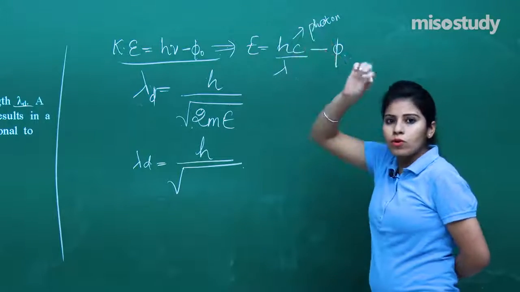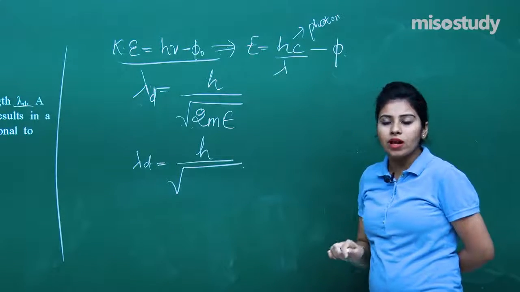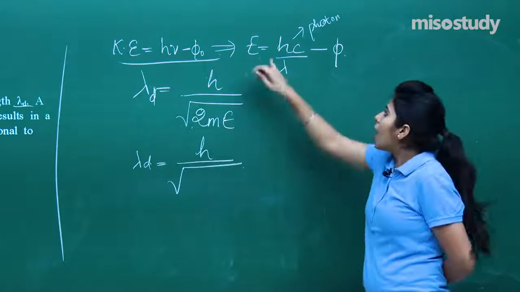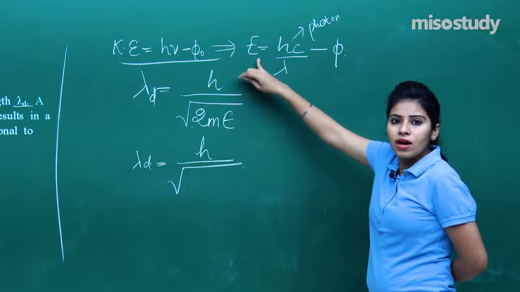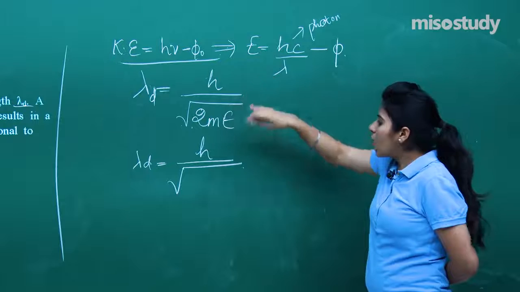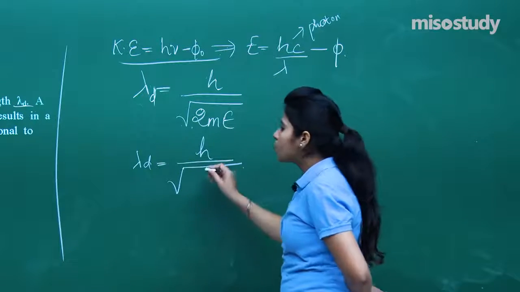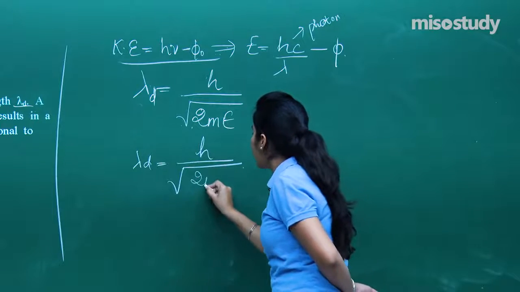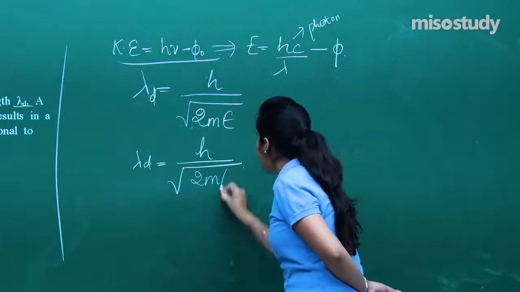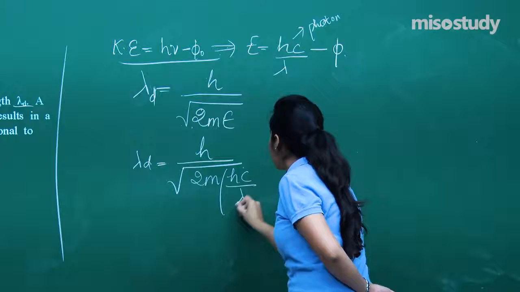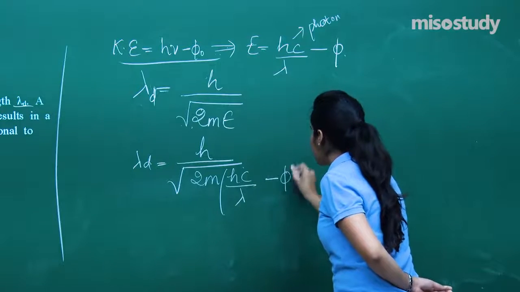Because this is the photon that is incident upon the metal surface, and this is the energy of the electron. So now I can write lambda d equals h upon under root 2mE, and E is hc by lambda minus phi.